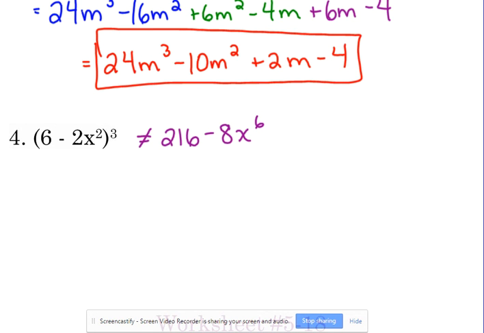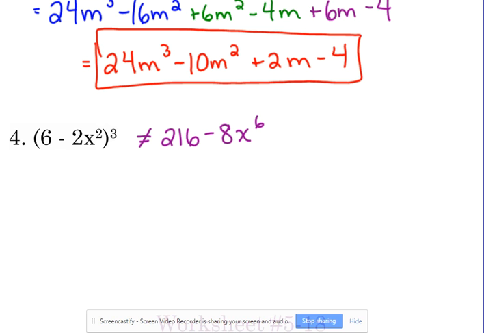What happens if that was squared? 6 minus 2x squared, squared. You square just both the things inside the parentheses? Let's go back a step. What does it actually mean to square a number? You multiply it by itself.